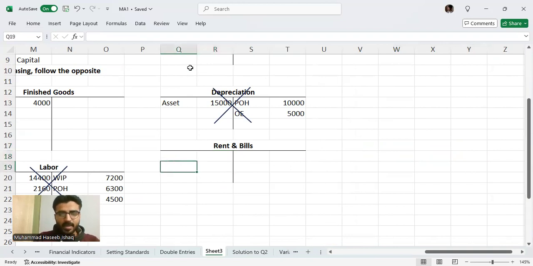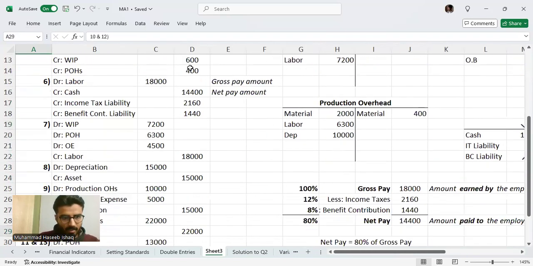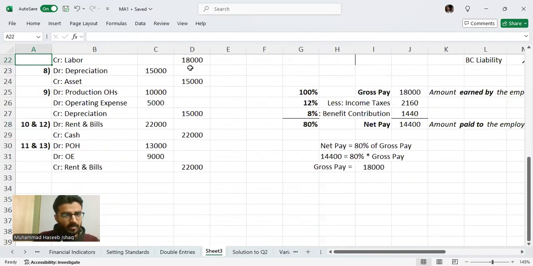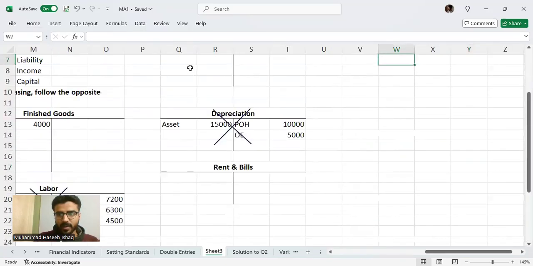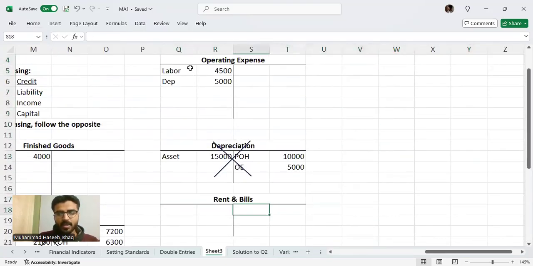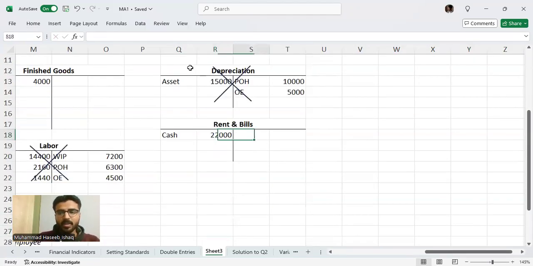So in the 10th and 12th transaction, we debited them by 22,000. So we have to write the debits. We have to write 22,000 on the debit side, and we have to write the name of the opposite account, which is cash account, because we paid it in cash. And now we have to transfer all the 22,000 to some other accounts in the second stage.